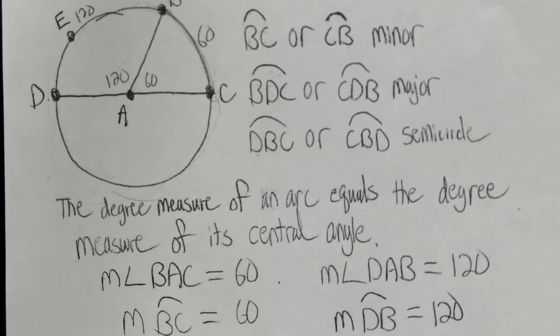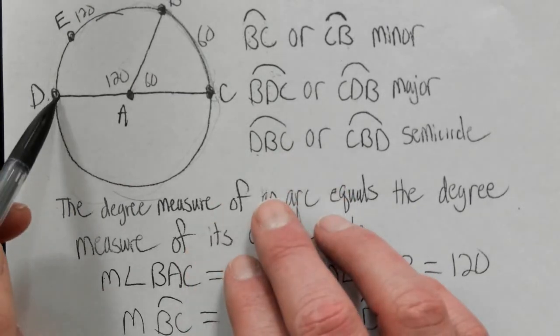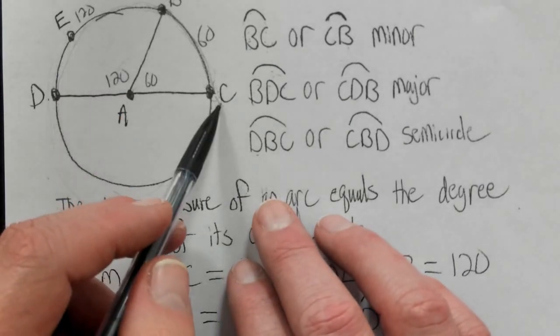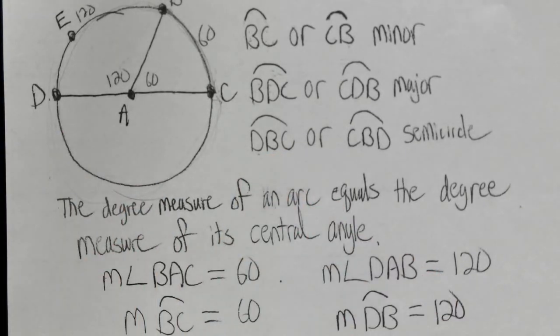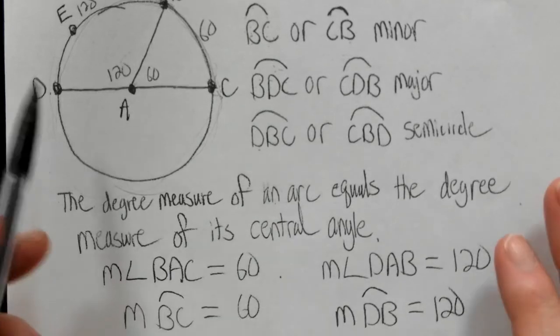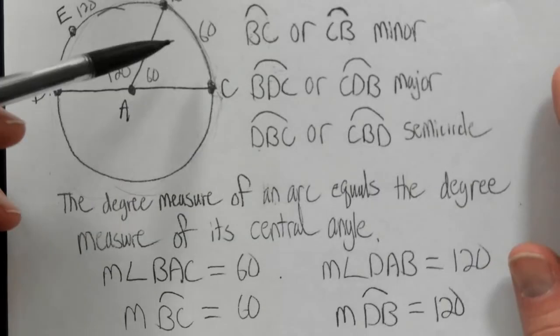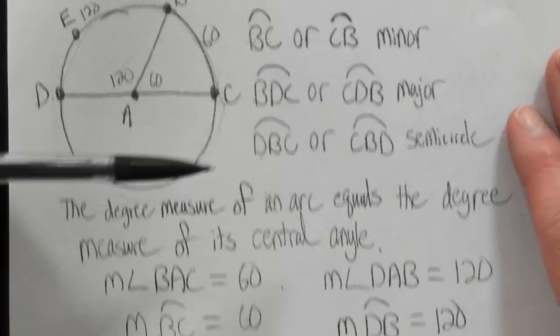Here's the reason why you need 3 letters for a semicircle: if I just said look at arc DC, you wouldn't know if I'm talking about the top half or the bottom half of the circle. That's why that 3rd letter is in there for arcs that are semicircles, because you need to know which half of the circle you're talking about, whether it's the top half, bottom half, etc. Okay?